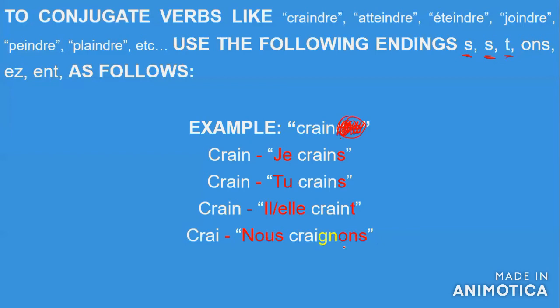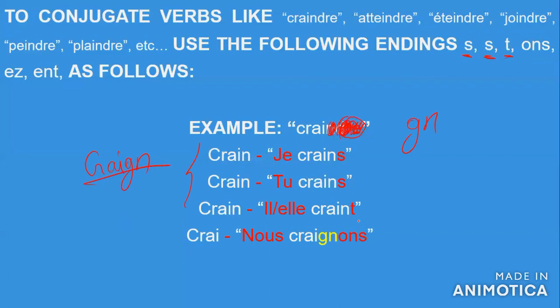Nous craignons. So in this case, after these three, you are not only deleting the ending, but you are going to replace it by gn. That's why in this case your radical will be craign.